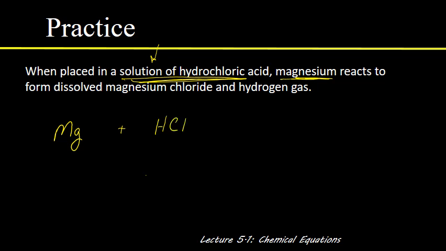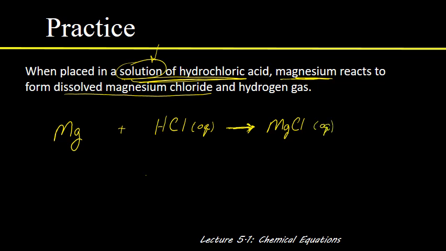Hydrochloric acid is HCl, and it says that it's a solution, so we can put aq there. Also, you remember if HCl is in the gas phase, we call it hydrogen chloride instead of hydrochloric acid. And then the products are dissolved magnesium chloride. Here's our magnesium chloride.